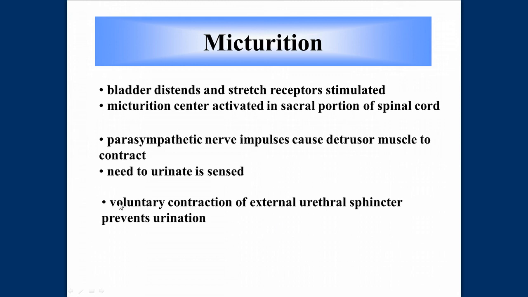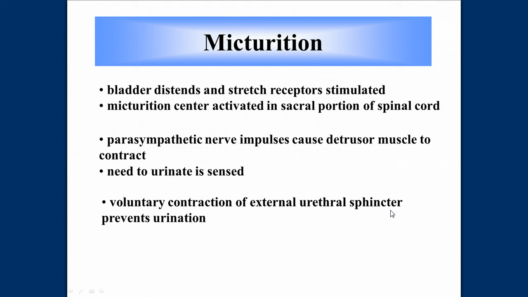So a person holding their urine is under voluntary contraction of the external urethral sphincter. A sphincter is a round, smooth muscle. Usually that round, smooth muscle is under unconscious control. You can't control the opening and closing of that sphincter muscle, but in this case you have voluntary control.